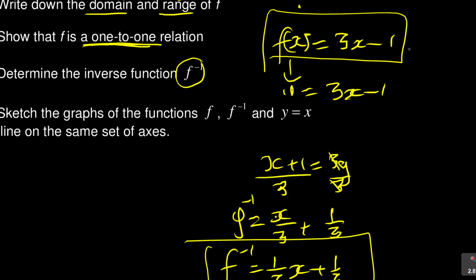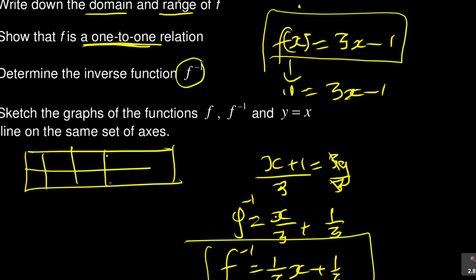You sketch this and you interchange the values. For example, if you do this and say these were my x values here, x and then f of x, then you say, for example, let's start from negative 3, maybe negative 2, negative 1, 0. For example, when x is 0, y is negative 1.